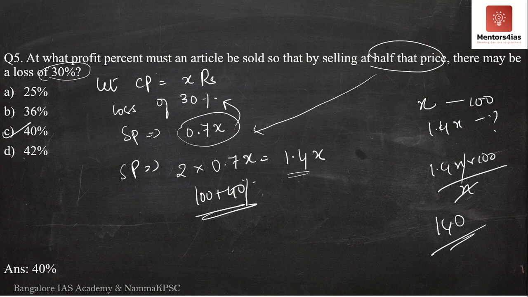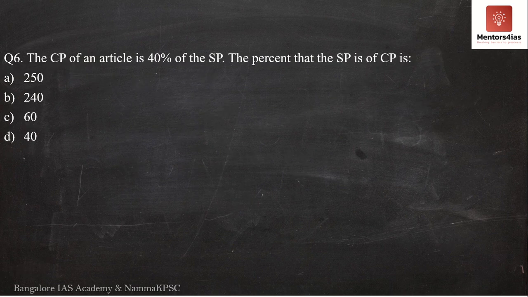Next question, question number 6. Now question number 6 says, the cost price of an article is 40% of the selling price. Then the percent that the selling price is of cost price is what? Again we will assume let cost price be equal to x.